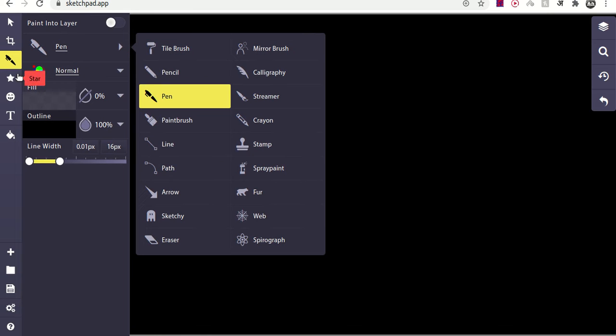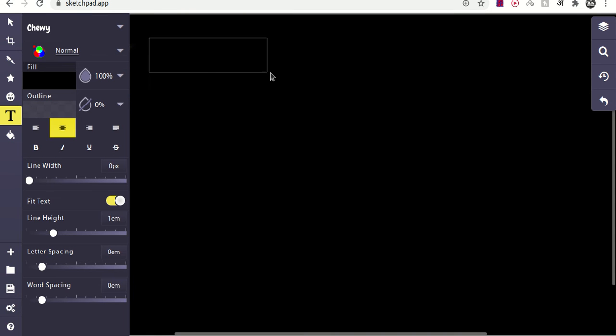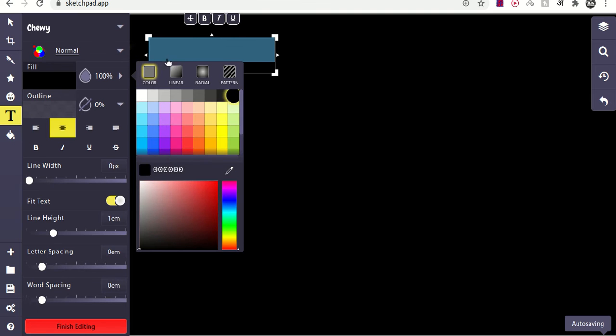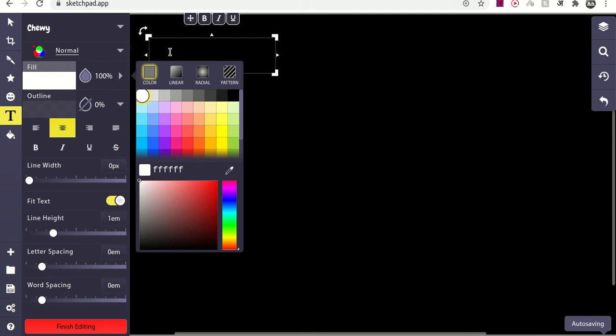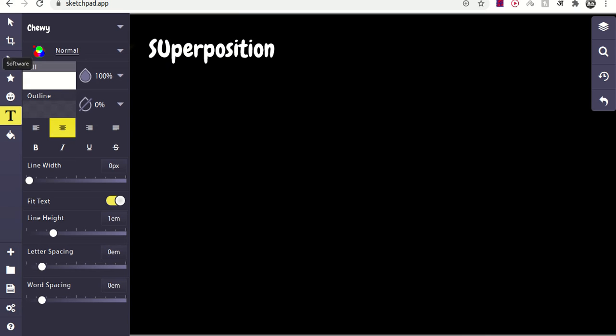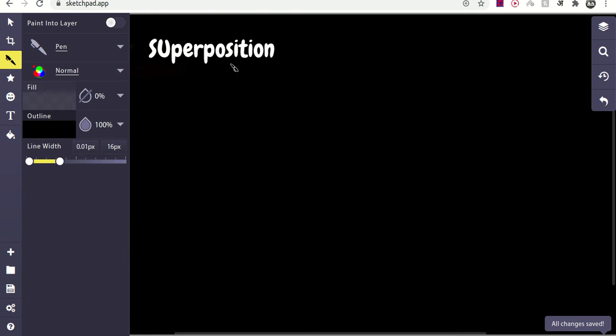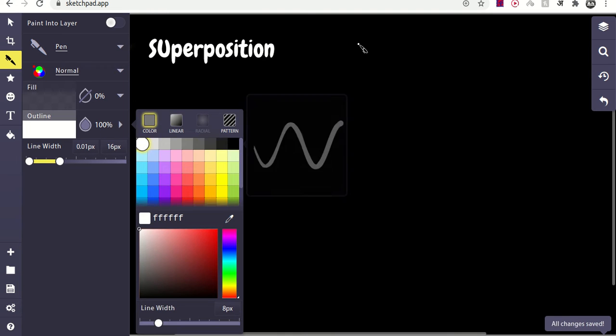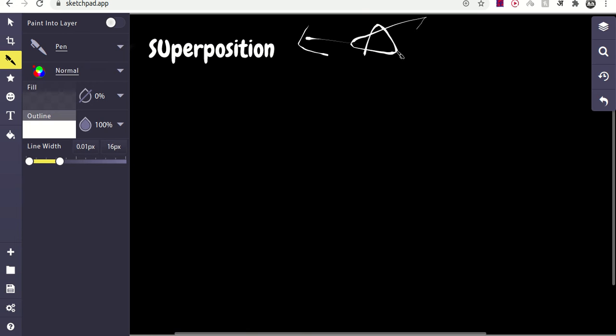Now let's study something called superposition. This is the crux of the whole of quantum computing. This is very important. We can be in state 0 at any point. We can be in state 1 at any point.